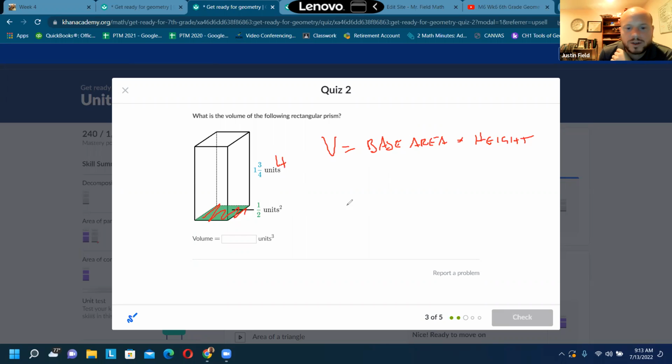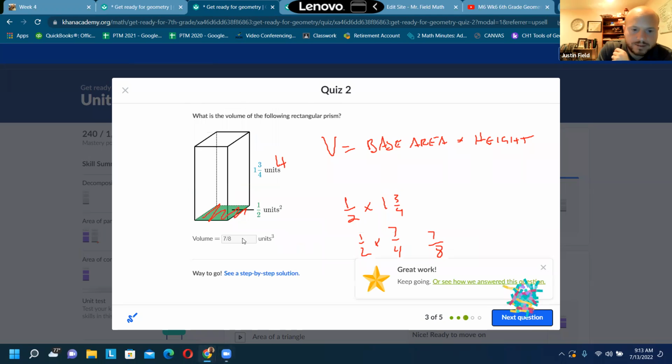So all we got to do is multiply those things. So let's go for it. 1/2, so we're going to convert that to 1 times 4 is 4, plus 3 is 7 fourths times 1/2. This is going to be 7/8. So the volume is 7/8.